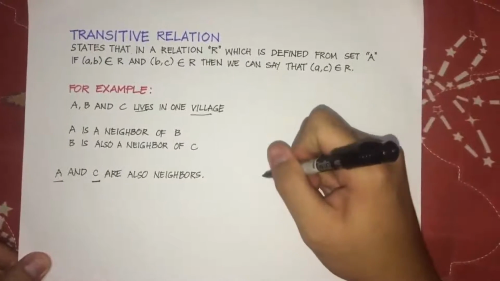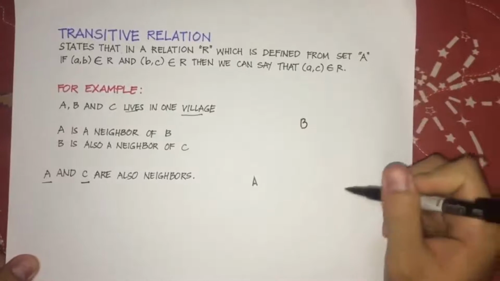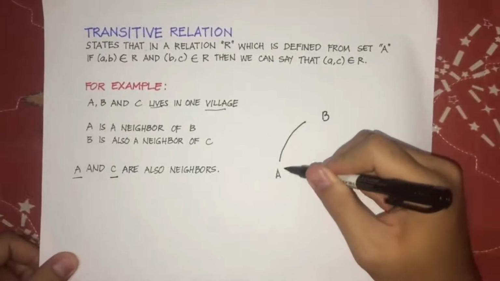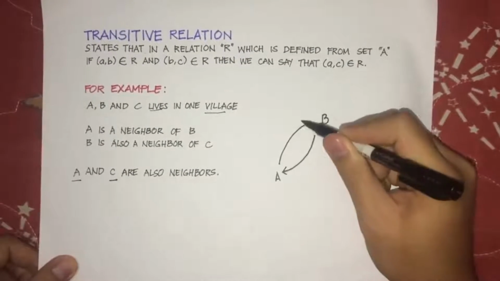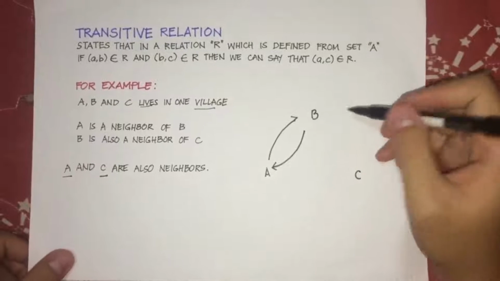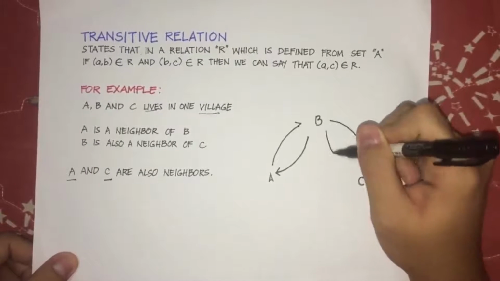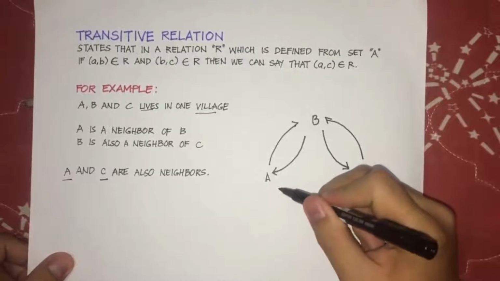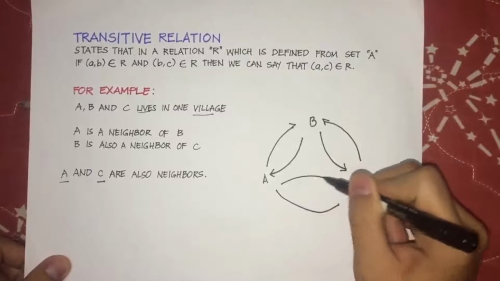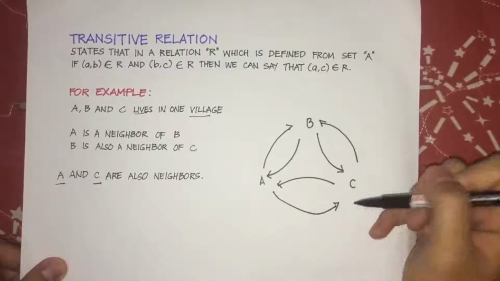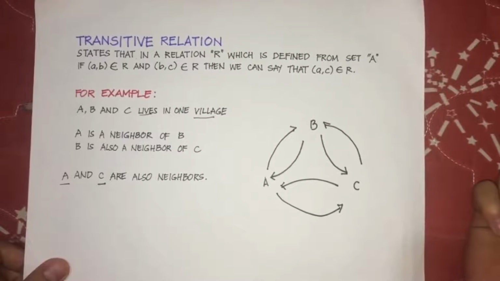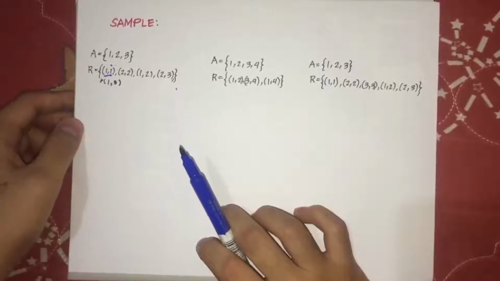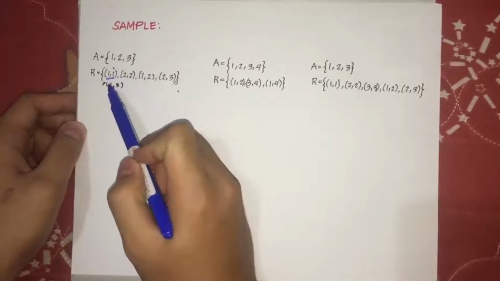So in a diagram, we can say the relationship of A and B and the relationship of B and C is also the relationship of A and C. So what you should do is look for the first ordered pair.